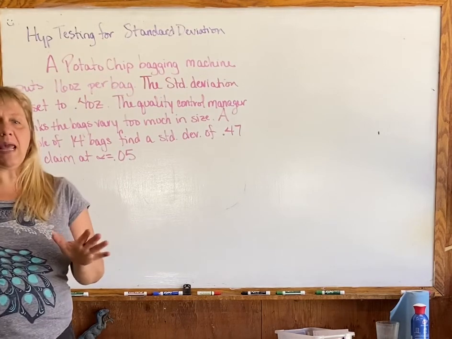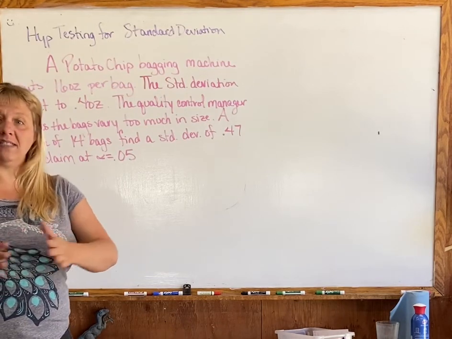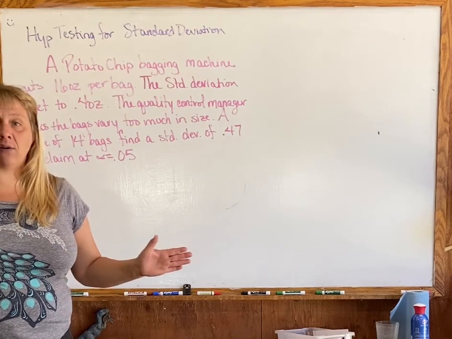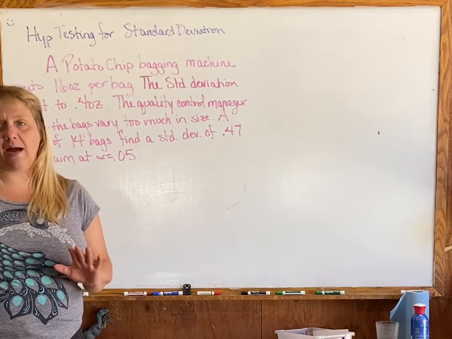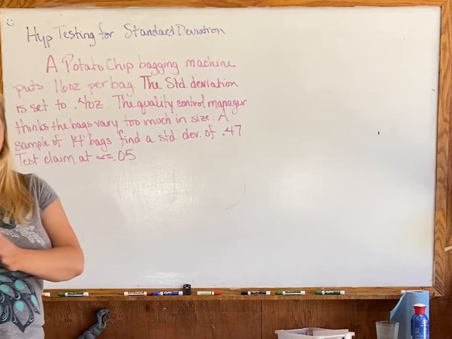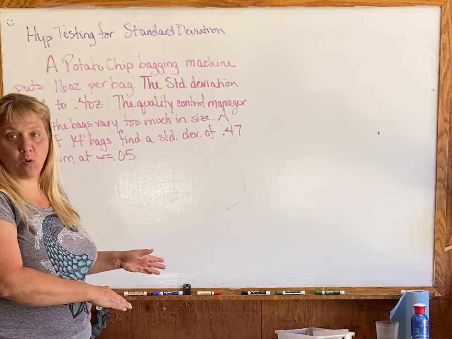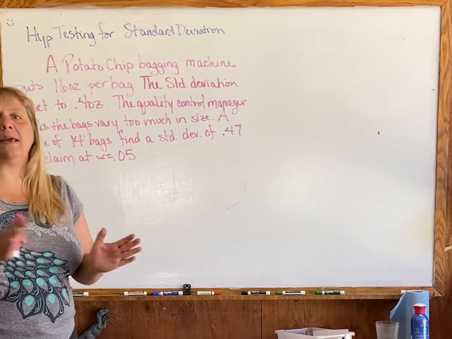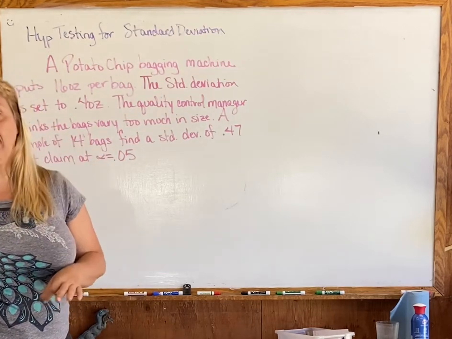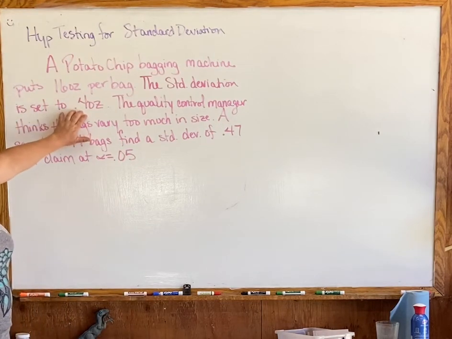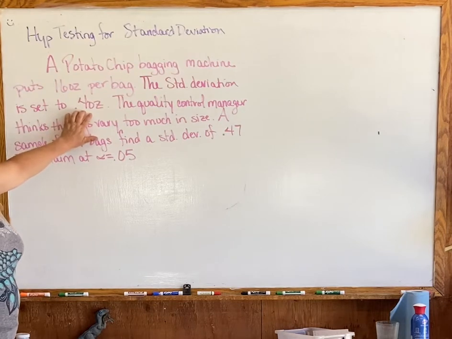So they're allowing the bags to vary by 0.4 of an ounce, which means it might be 16.4 or it might be 15.6, or it could be anywhere in there, and they would consider that to be okay.